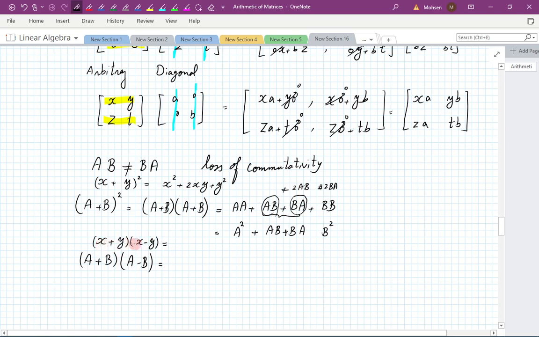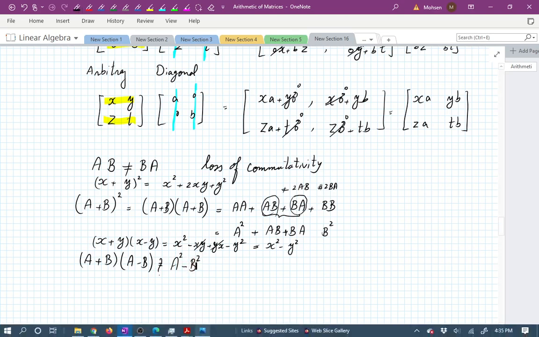Well, you have x squared minus xy plus yx minus y squared. And then you have the cancellation and you get x squared minus y squared. The question is, can I write the same thing here? Is this the same as A squared minus B squared?